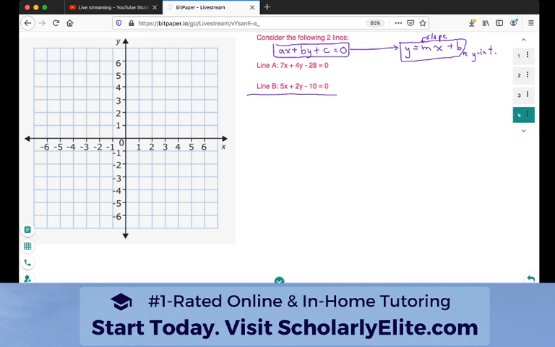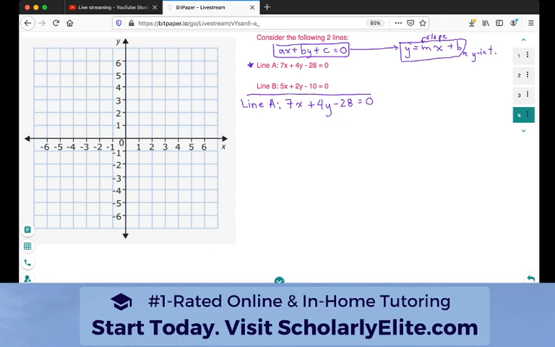So given that information, let's talk about line A first. So line A from right here is 7x plus 4y minus 28 equals 0. And as you can see, it's in that standard form. Well, if we look at the slope form, let's see where the stuff is.